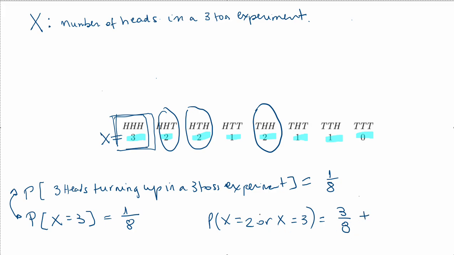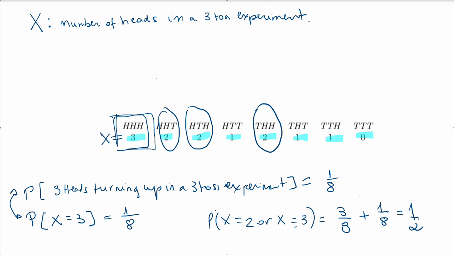Or plus, right, the probability that X is equal to 3. Well, the probability that X is equal to 3, we already calculated. It's 1 over 8. So this is a half. Okay? So nothing changed by introducing this random variable. It just makes our life easier in terms of notation.